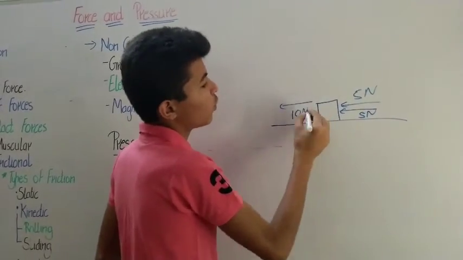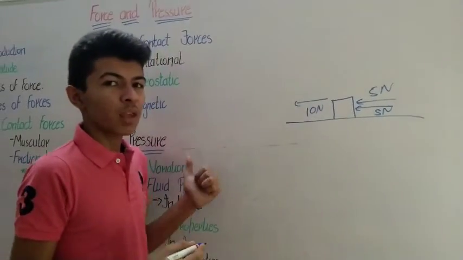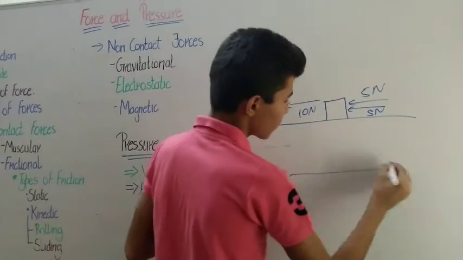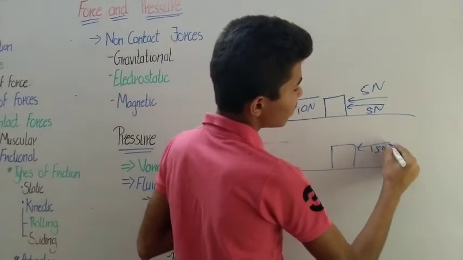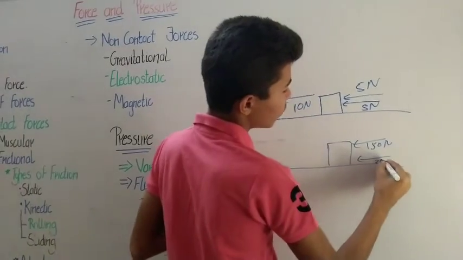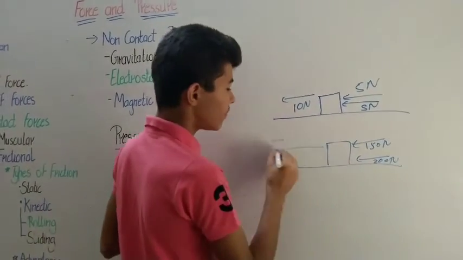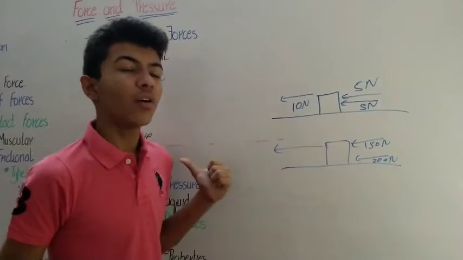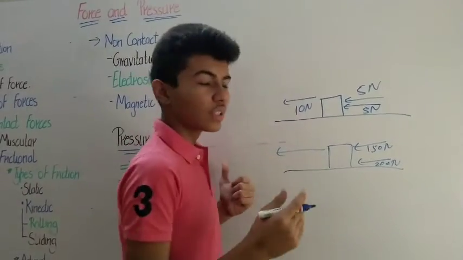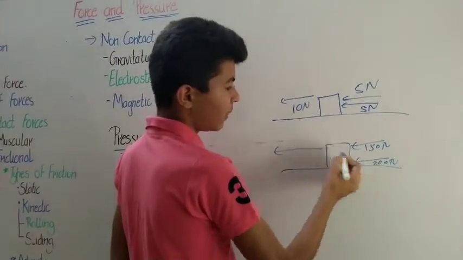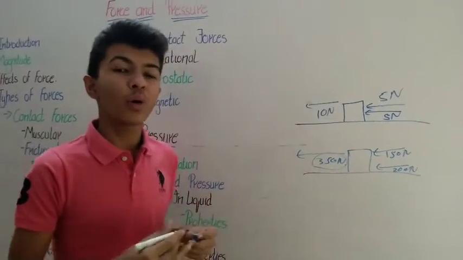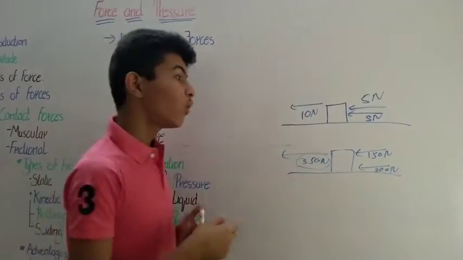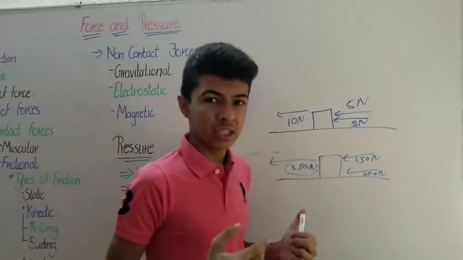In another case, if one is pulling with 150 newtons and the other is pushing with 200 newtons, the total force applied on this block is 350 newtons. This is how you calculate when two forces act in the same direction.